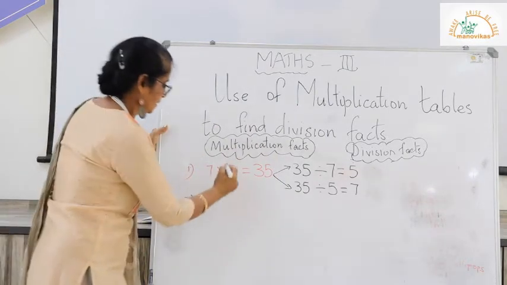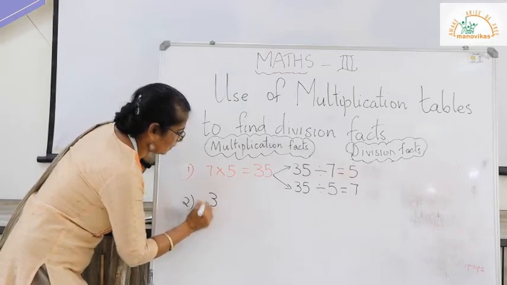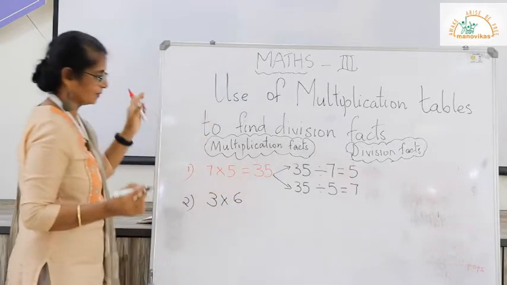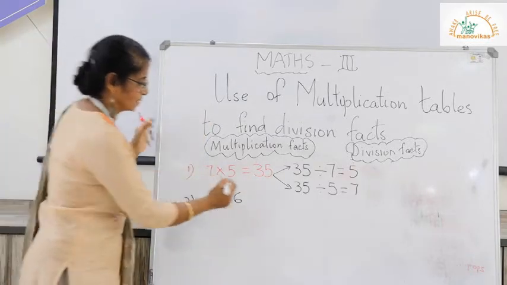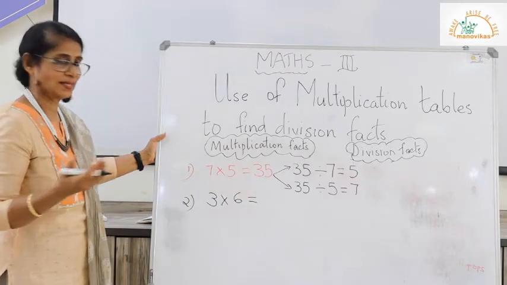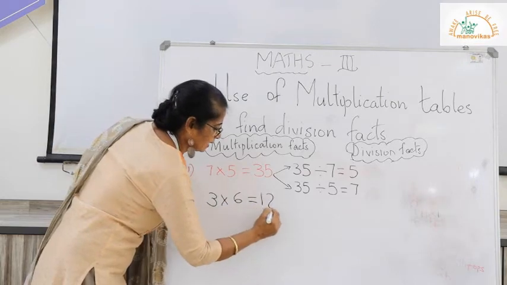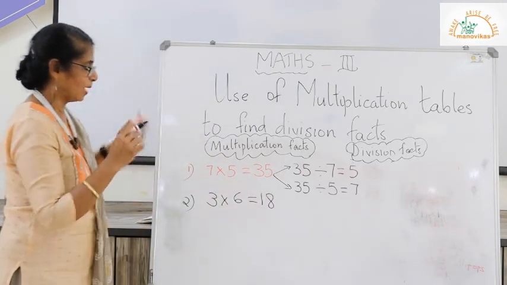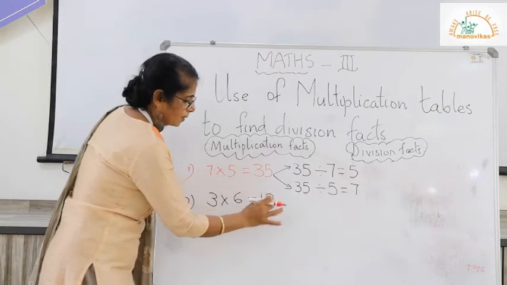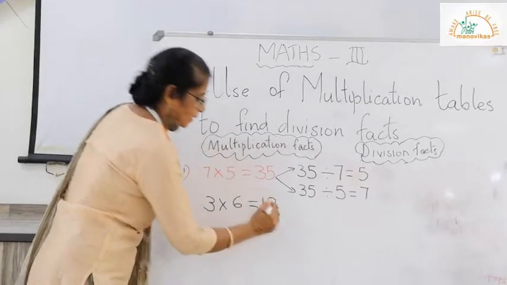Say for example, we take the number 3 multiplied by 6. Can anyone tell me what is 3 multiplied by 6, or what is 3 times 6? 3 times 6 is 18. So now we find the division facts for the dividend 18, which is the product in multiplication.